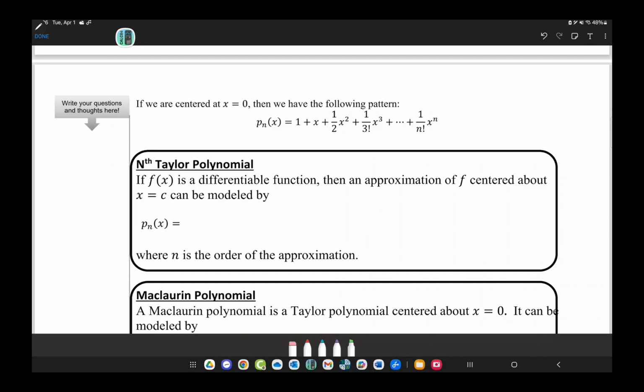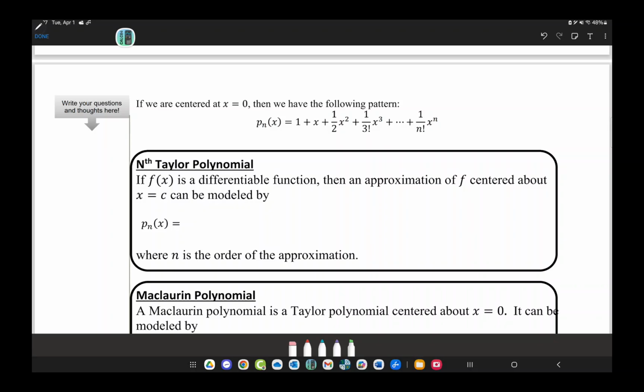So this function, e to the x, happens to have the pattern for my polynomial approximation: 1 plus x plus 1/2 x squared plus 1/3 factorial x cubed, all the way down to 1/n factorial x to the n. Technically, every single one of these has a factorial.